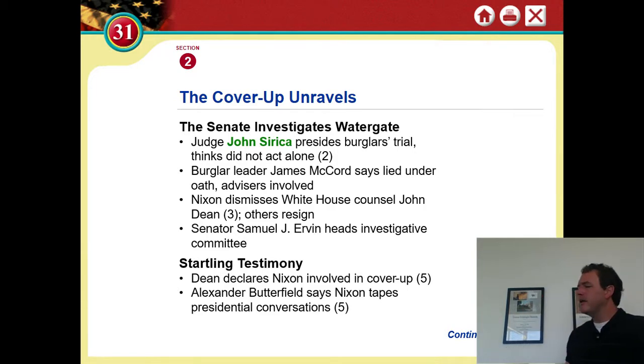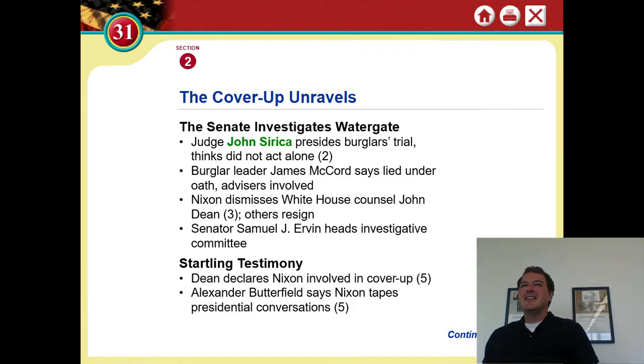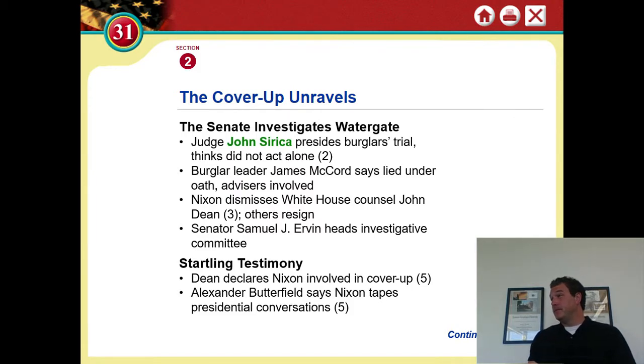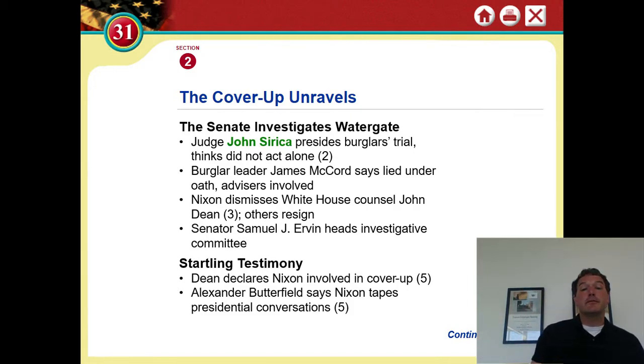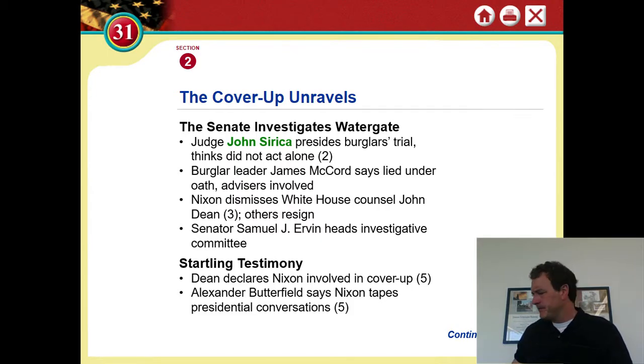In fact, another White House insider, Alexander Butterfield, said that Nixon kept tapes of all conversations going on in the Oval Office. He wanted to use them someday for his memoirs. And so there was evidence, as Butterfield claimed, that we could actually find out what Nixon had said, what he knew, what he authorized within the Oval Office.